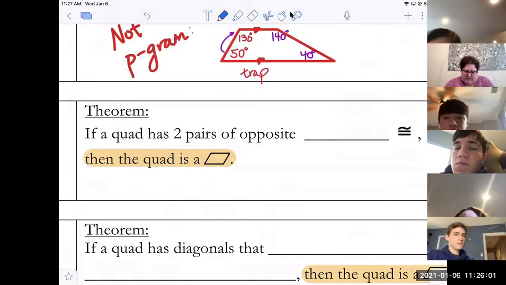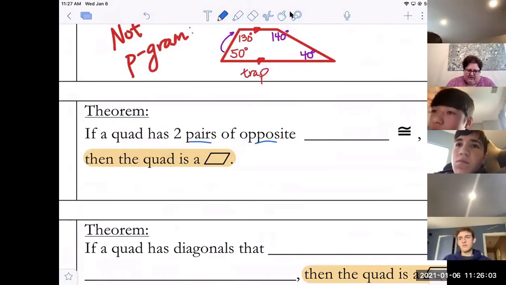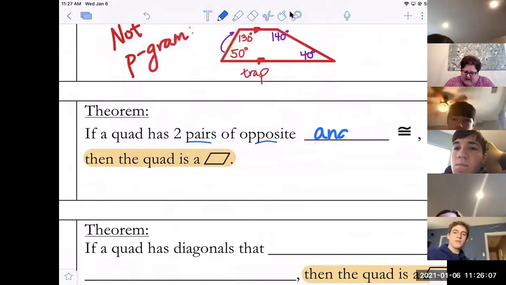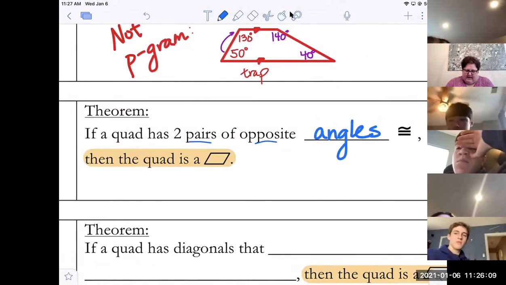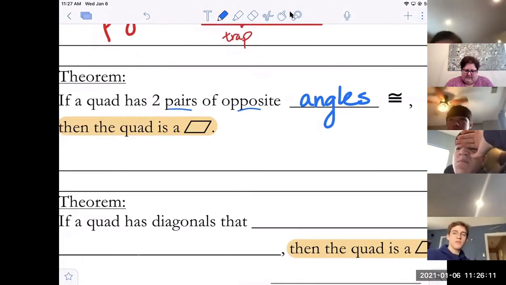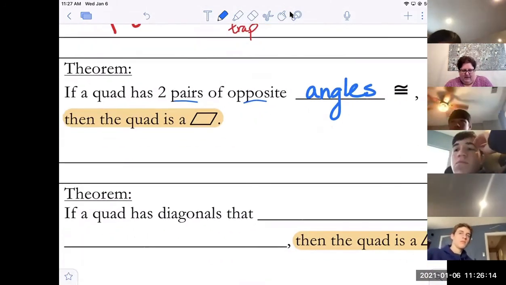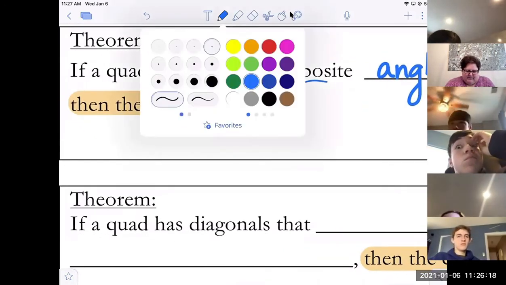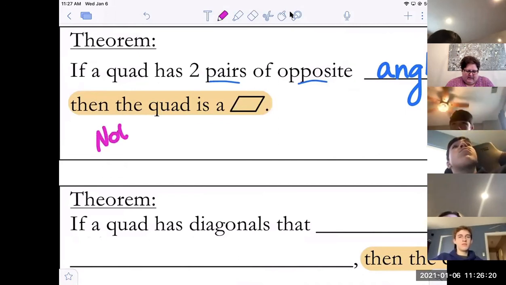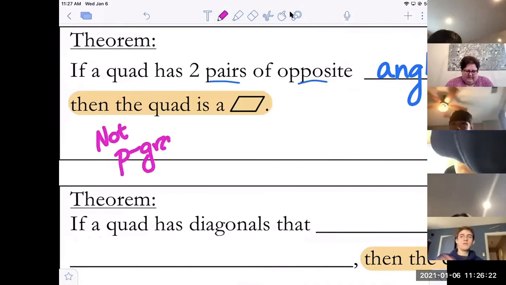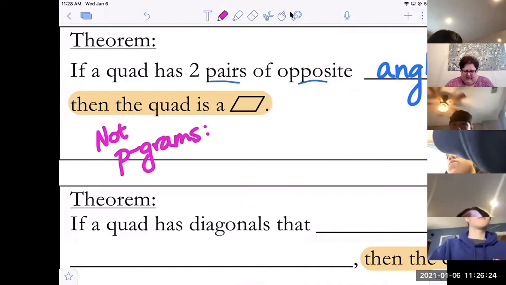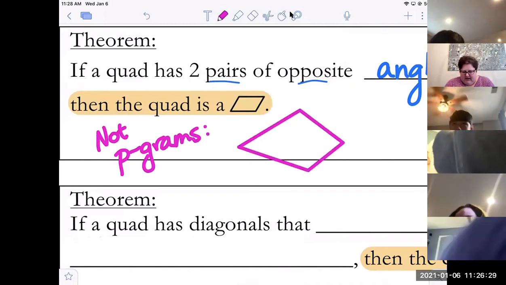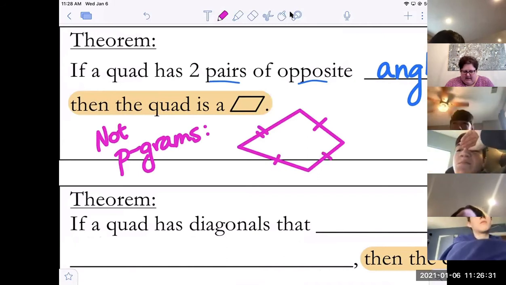If a quad has two pairs of opposite angles that are congruent, then it's a parallelogram. If we only have one pair of opposite angles that are congruent, it doesn't necessarily have to be a parallelogram, because it could be a kite. In a kite, this is a property.